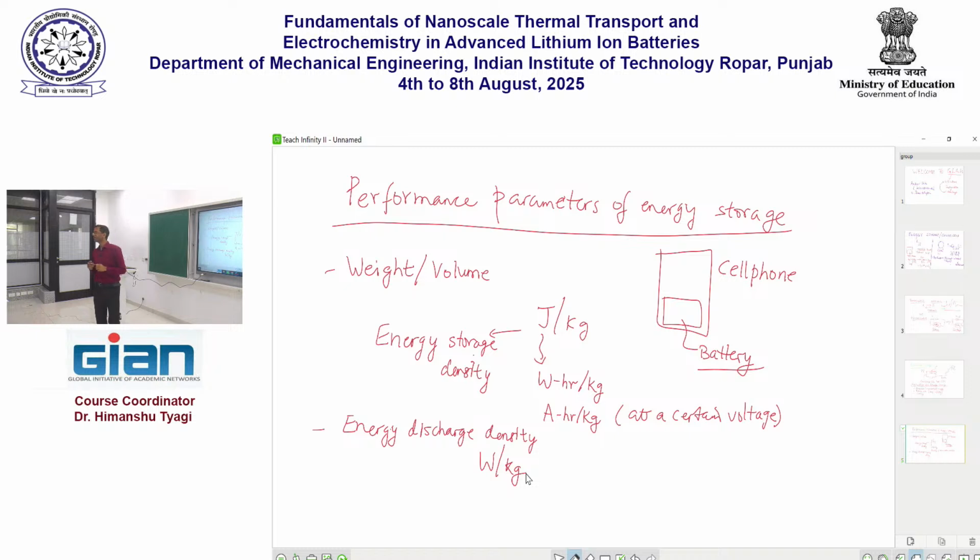Why is this important? This is important because there are some applications that require a lot of energy, right? When I play a game on my cell phone, it probably does not require a lot of energy, right? So just a few watts per kilogram will be sufficient for it. But there are other applications in which I want a lot of energy coming out of my battery.